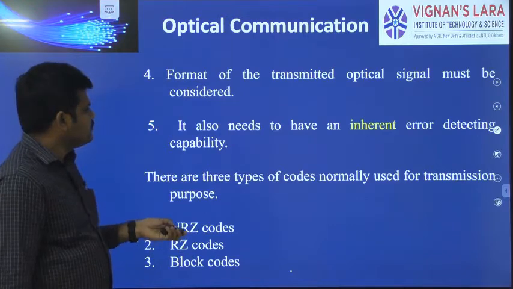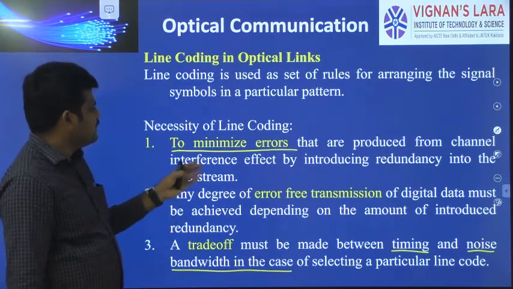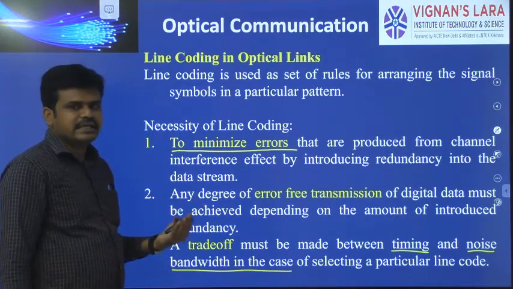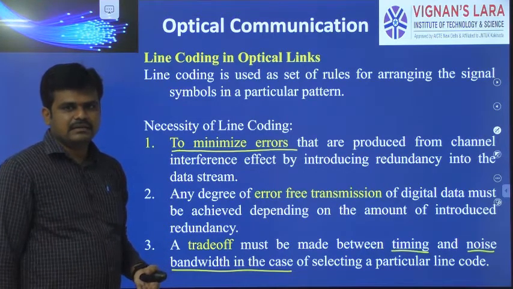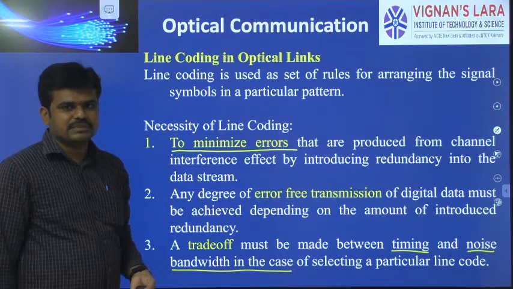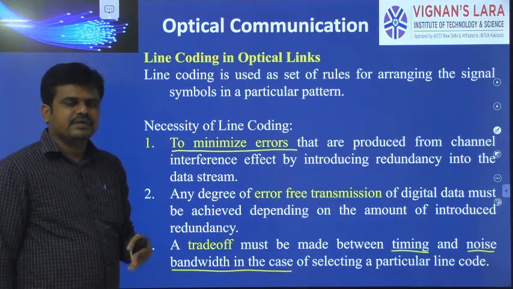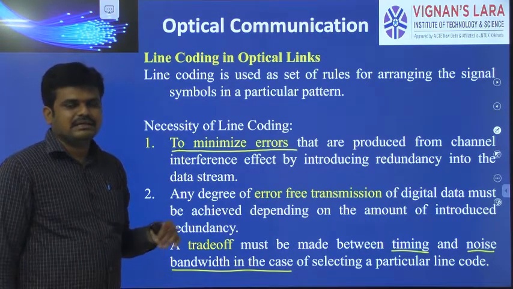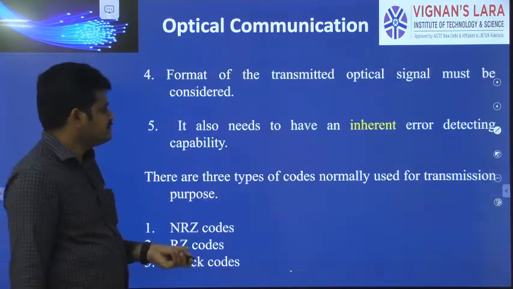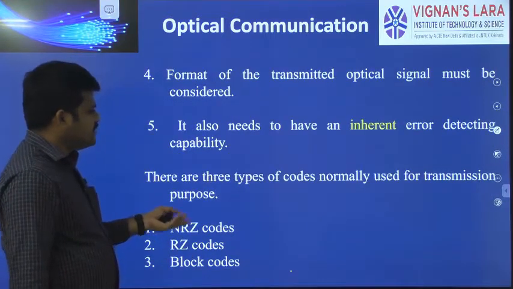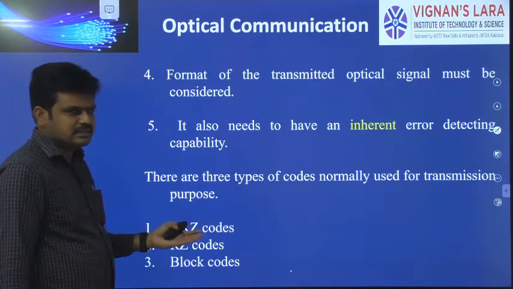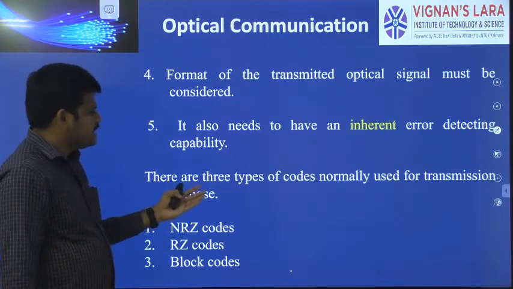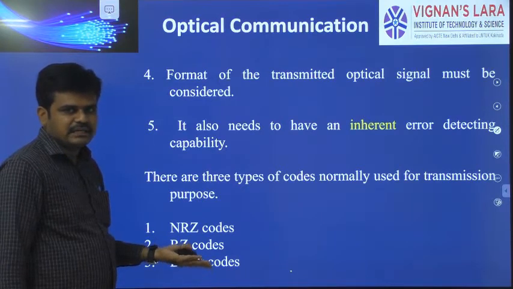Since there are some advantages of line coding, line coding techniques are generally preferred while transmitting data in digital signal transmission, generally in optical communication at the transmitter part. As we already studied in previous years, there are three types of codes.